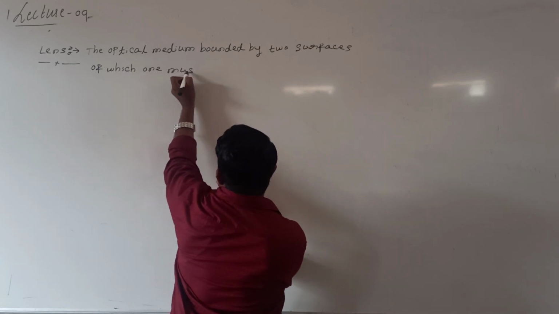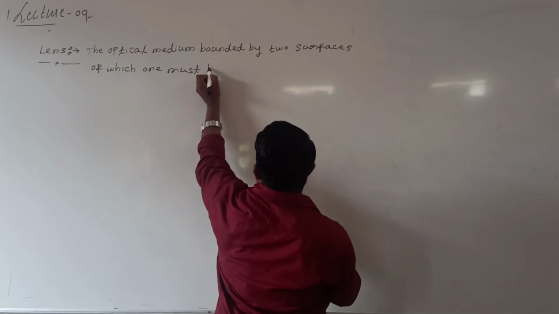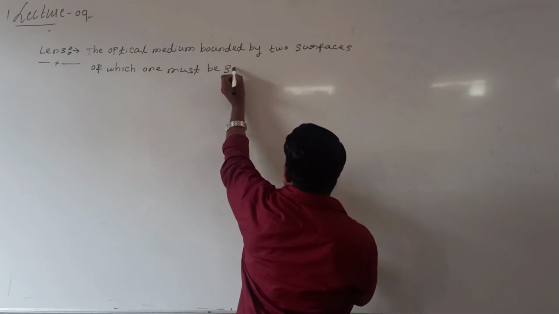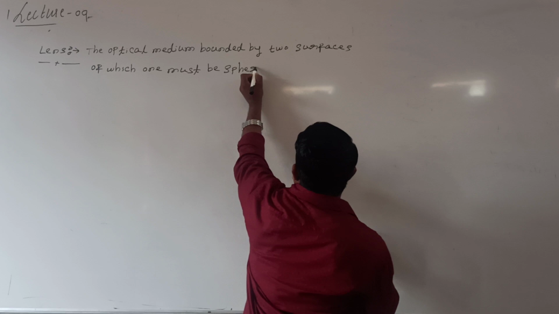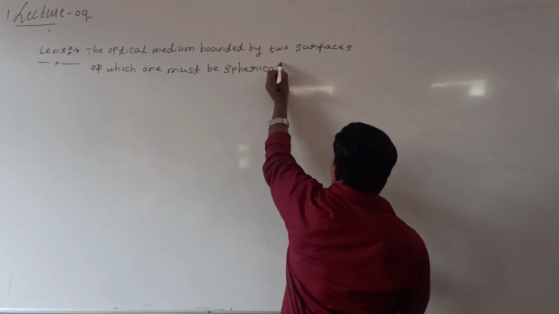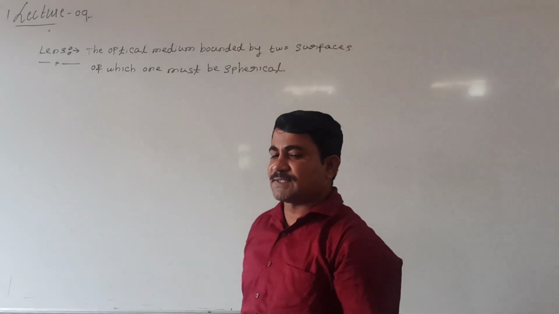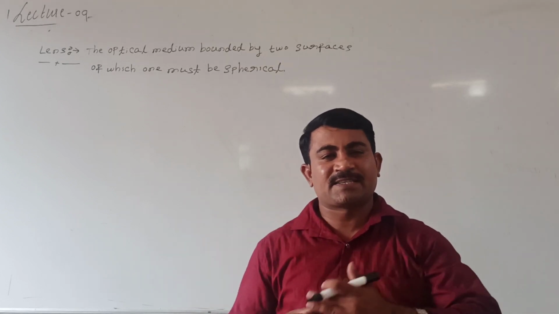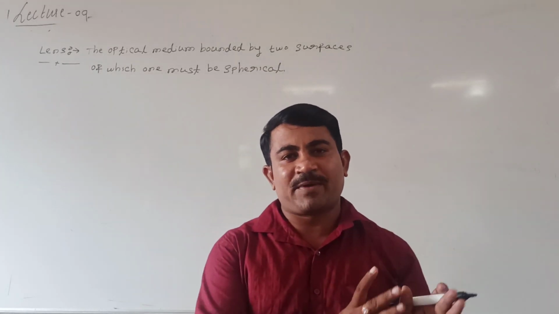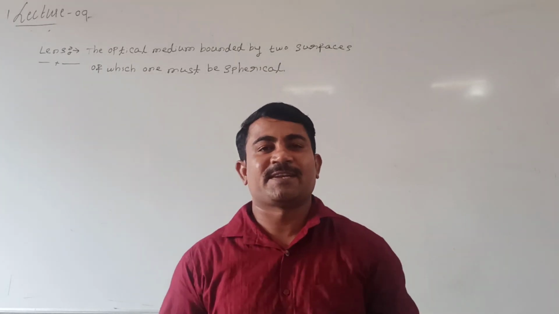One must be spherical. That we are calling lens. If both are spherical, then it doesn't matter. Out of two surfaces, one must be spherical. That we are calling lens.